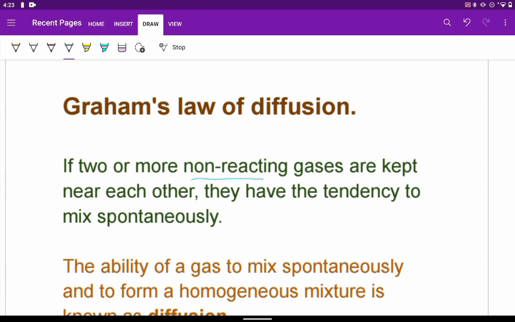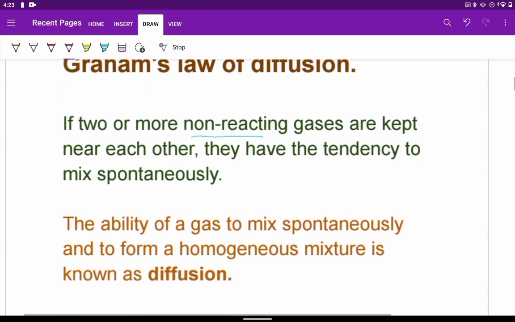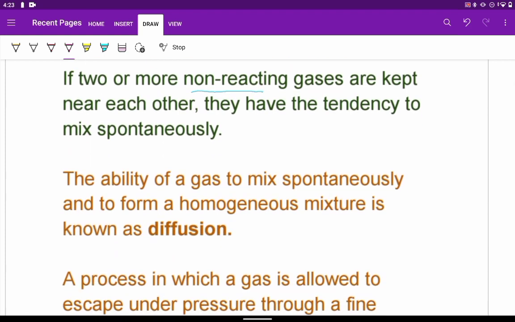And such gases, when kept near each other, have the tendency to mix spontaneously, and they will form a homogeneous mixture slowly. So this ability of gases to mix spontaneously and form a homogeneous mixture is diffusion. This process is known as diffusion.